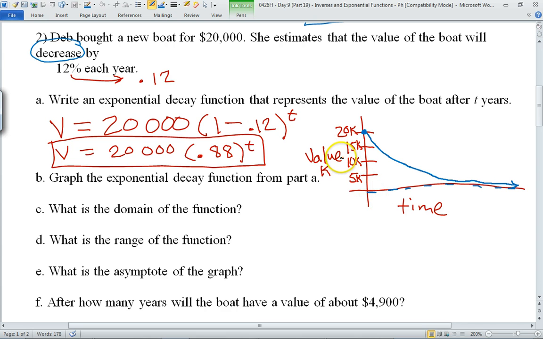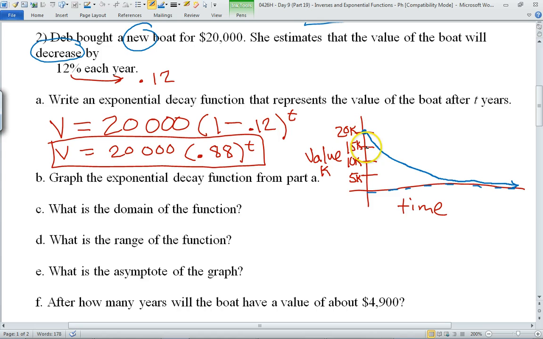Now, what's the domain of the function? Now, look, this is a real world problem. Time for this boat had a beginning. It was brand new when she first bought it at $20,000. So we cannot go back in time.